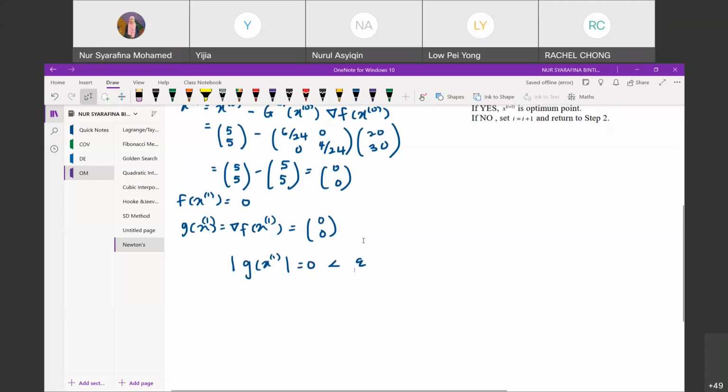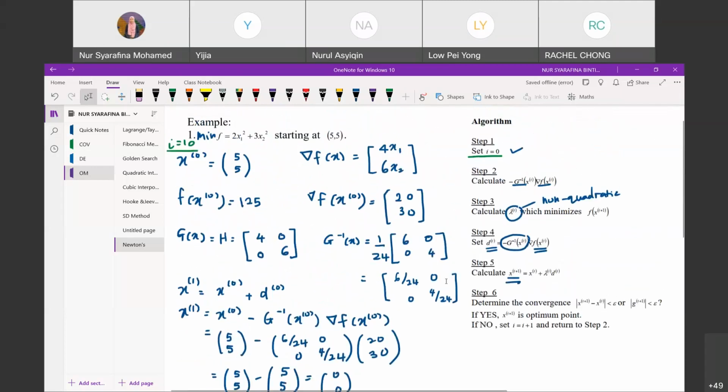Usually epsilon is 0.05, 0.001, and so on, which is given. So we can conclude here that the minimum value is f(x) equals 0 with a minimum point x1, x2 equals 0. We can reach the solution point in only one step because this is a quadratic function.